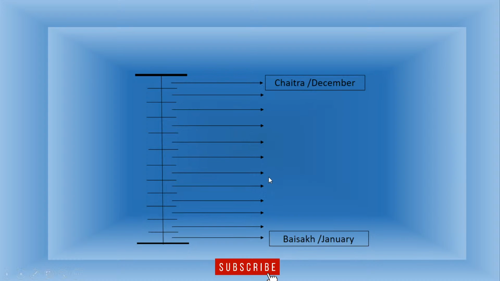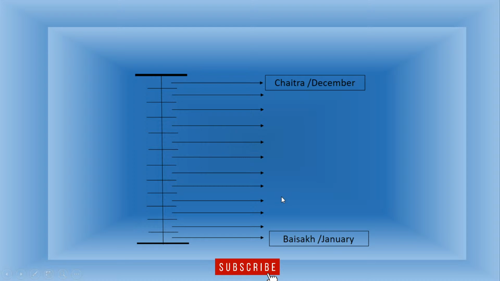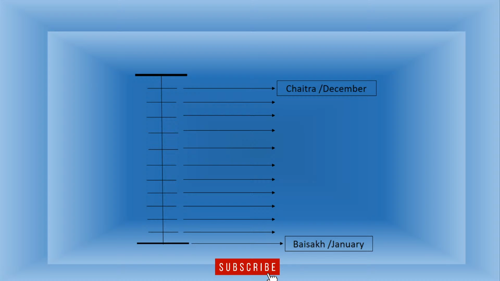Similarly, sometimes you can take the space between the year line and the first month line as a month and mark it in between two lines. You will understand by this picture. Look here. The first way we discussed is that the first year line is Baisakh, the second line is Jyesth. But you can do it another way also.